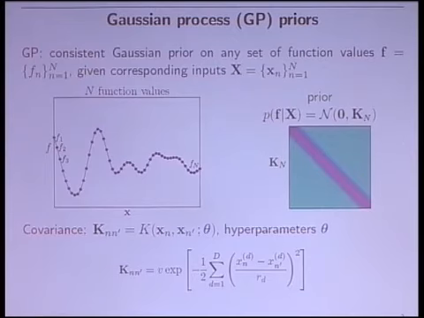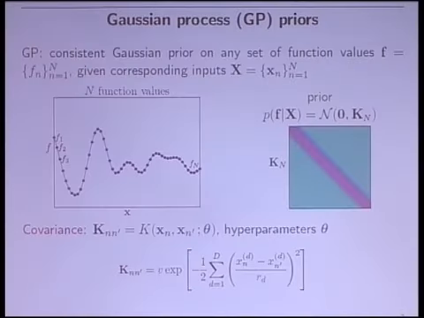But the important thing is the covariance matrix, which I've represented in color here, with magenta being high covariance and cyan being low covariance. This covariance matrix is the important part, which tells you about the correlations in the functions and gives you the prior smoothness properties. The way this covariance matrix is constructed is from a covariance function, which tells you for any two function values how they're correlated.